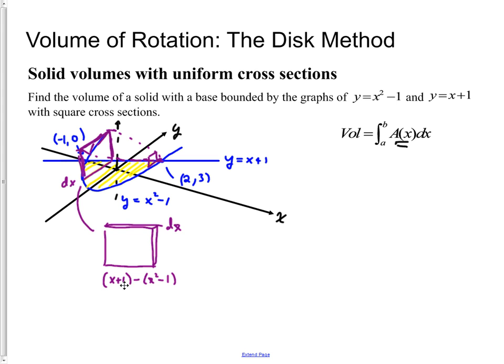Which is going to become something like this. It's going to become, let's see, 1 minus negative 1, that's 2, plus x minus x squared, and that is going to be the width of each side of this square. And so our volume is going to be this formula. It's going to go from negative 1 to 2 of our square base, 2 plus x minus x squared, and it's a square, right?